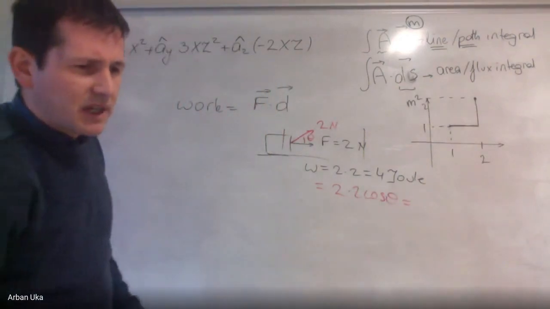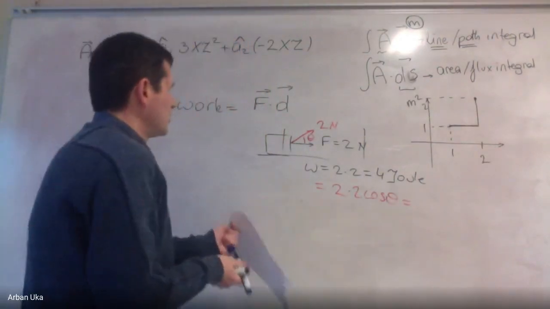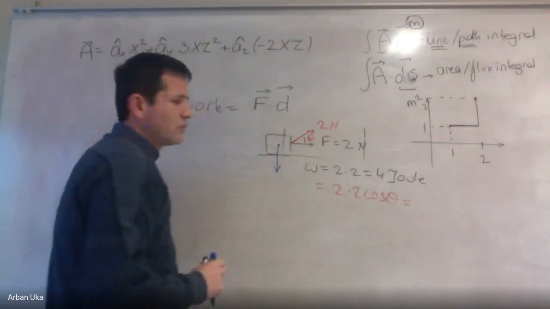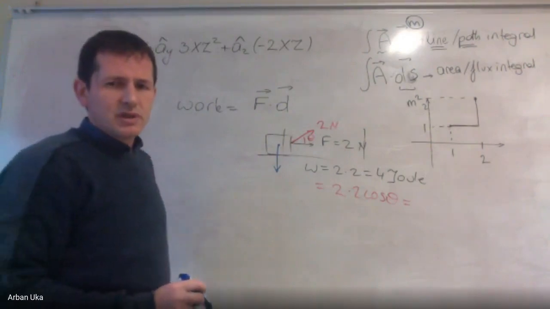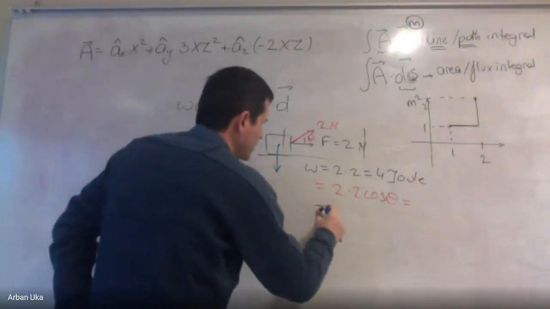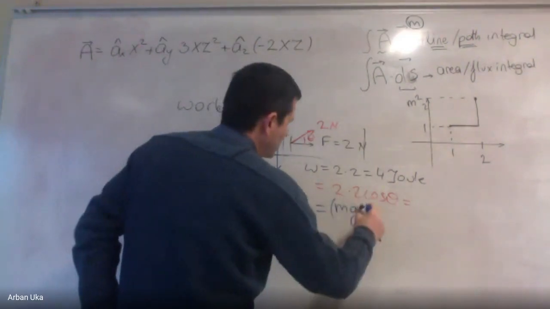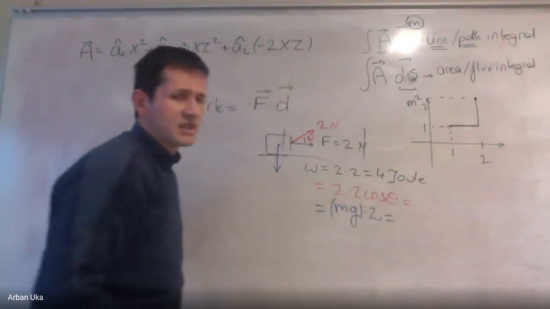Then, at the same time, if we have the gravitational force, what is the work done by the gravitational force? The work done by the gravitational force is equal to the mass times g, which is the force, times the displacement. What is this in this case?